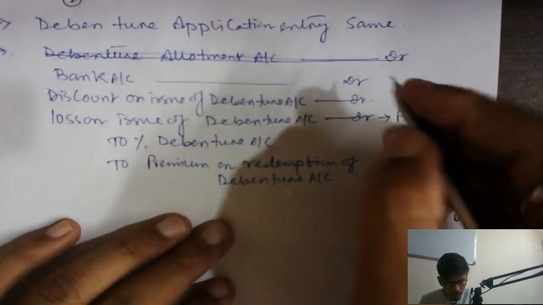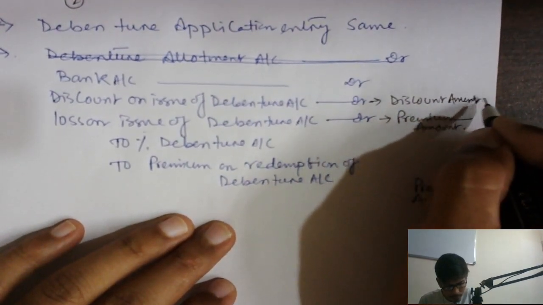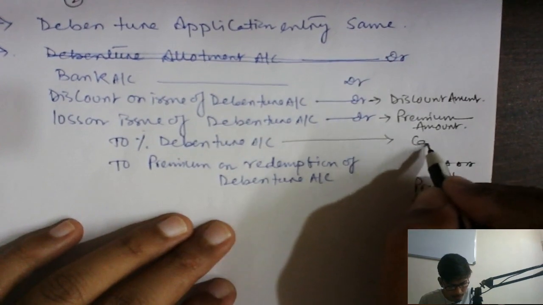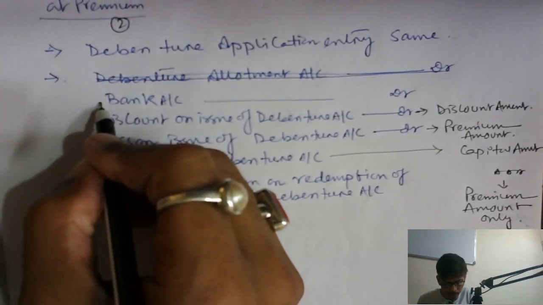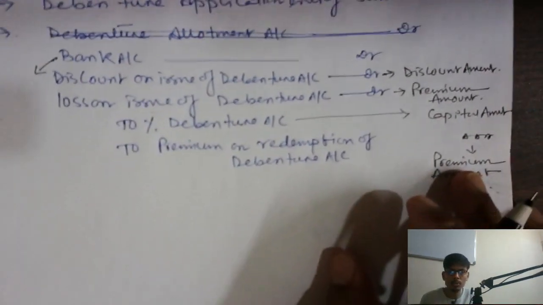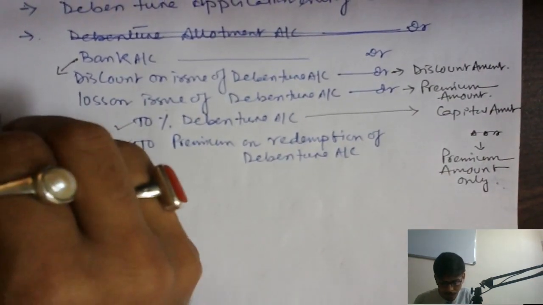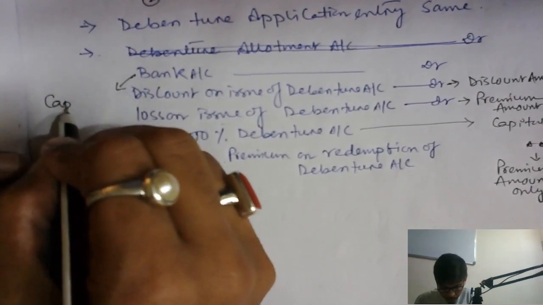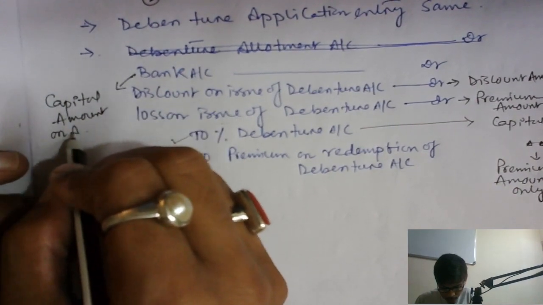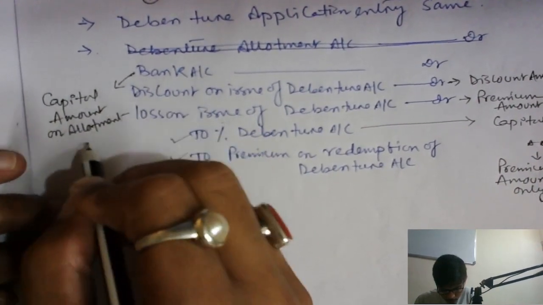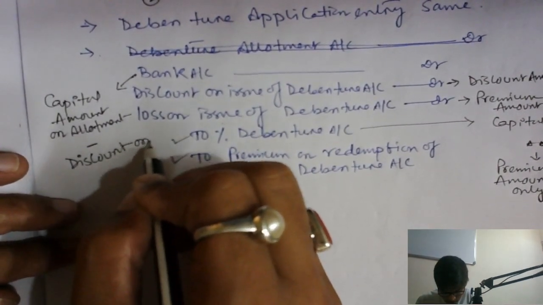This is actually your premium amount and this is your discount amount and this is actually your capital amount and this bank account is nothing but your, see I am making here so to make you very much understanding, this is done, this is done, this is nothing but your capital amount on allotment minus discount amount, discount on issue.